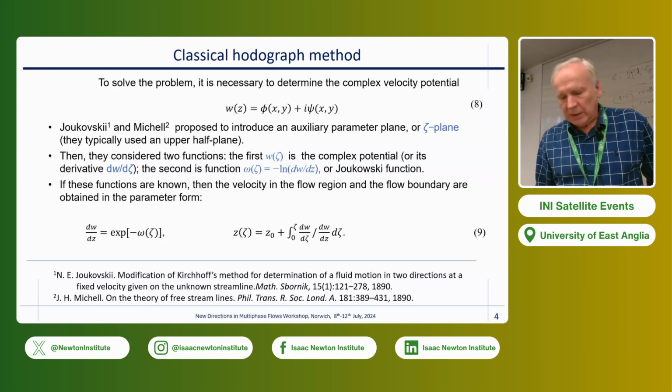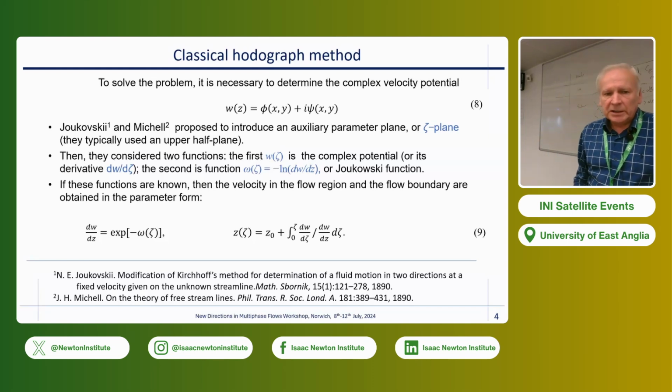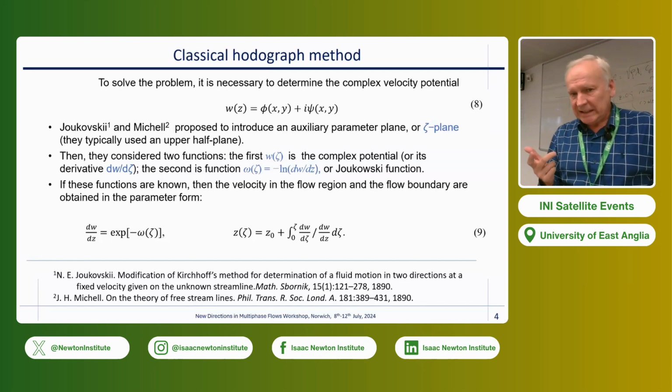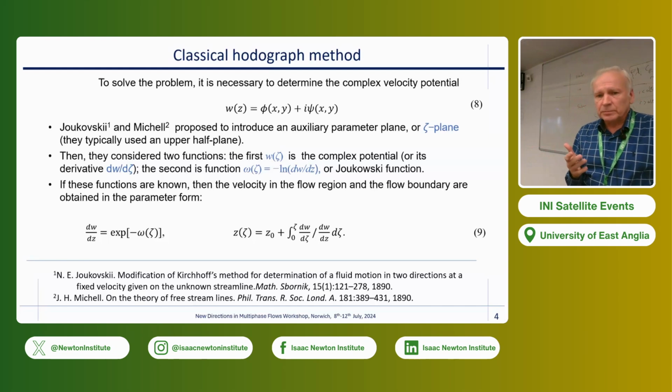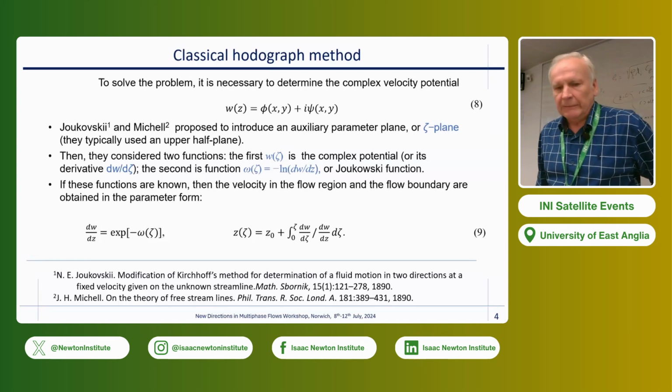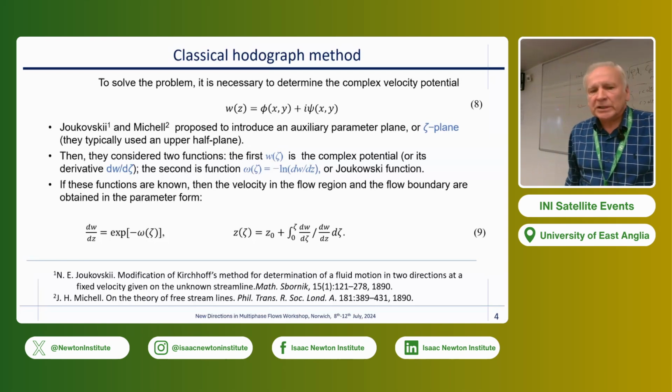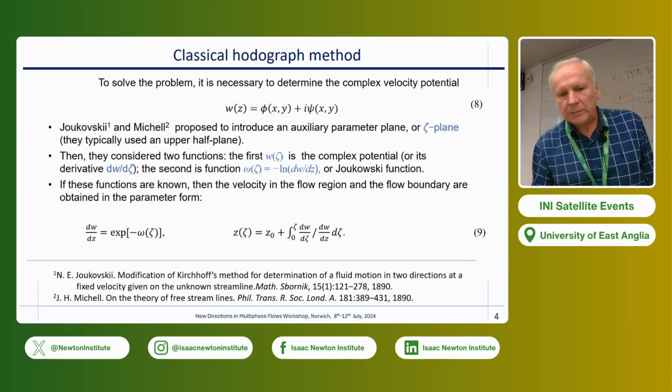They typically use the upper half plane. Then they considered two functions: complex potential as function of the parameter zeta, and complex velocity, or function omega, which is logarithm of complex velocity. If these functions are known, then velocity in the flow region and the flow boundary can be obtained in the parameter form as shown here.